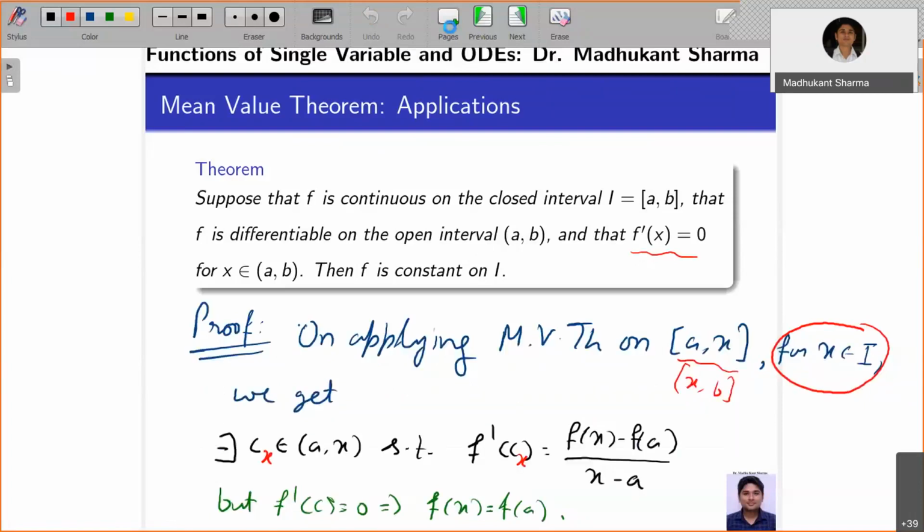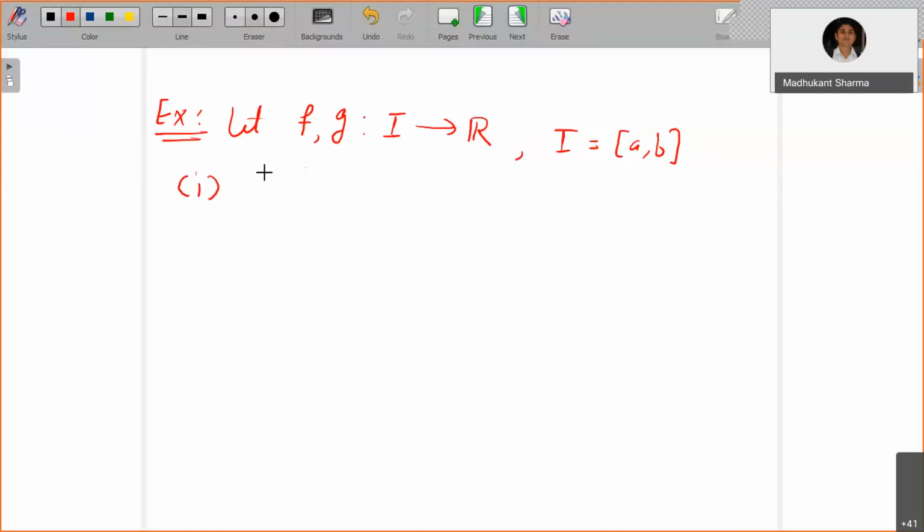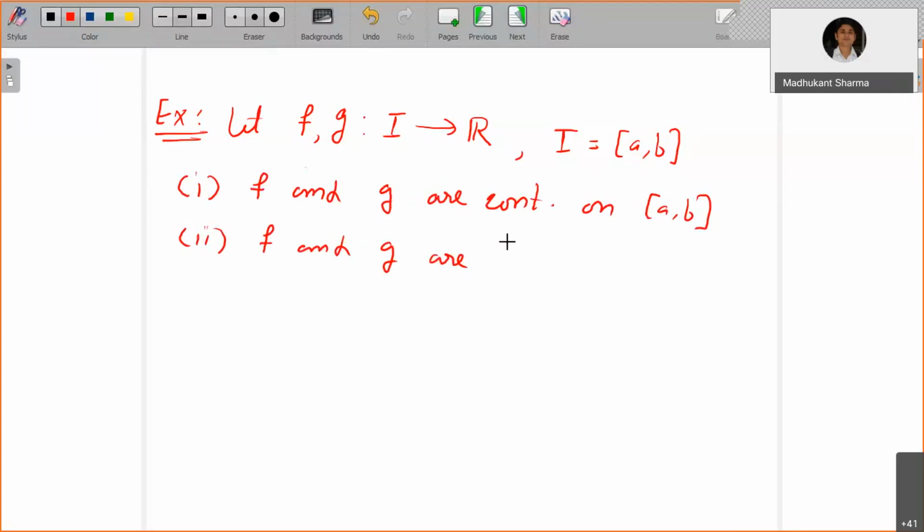So this result immediately implies that, if all the conditions are true: let f and g be two functions defined on the closed interval I, where I is the closed interval [a, b], and are such that the very first condition is f and g are continuous on the closed interval [a, b], that is I. The second condition is that f and g are differentiable on the open interval (a, b).